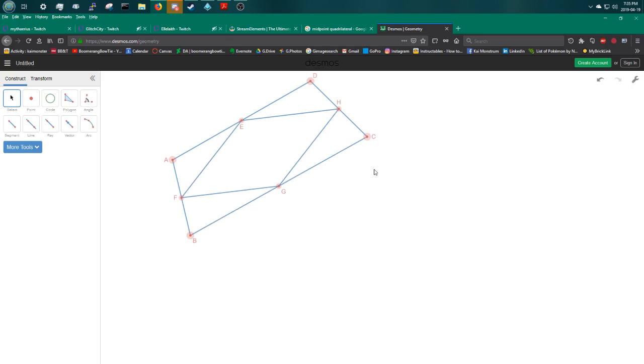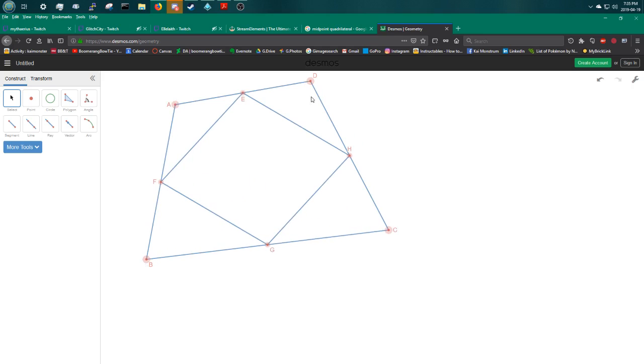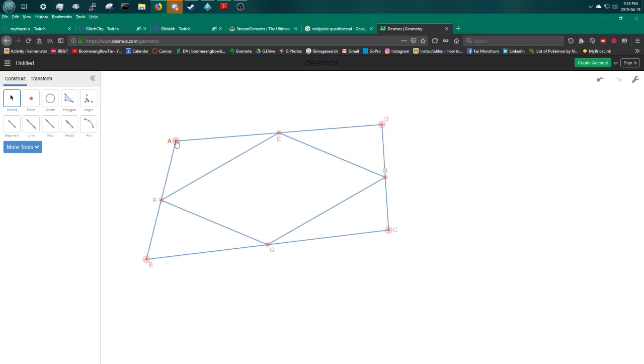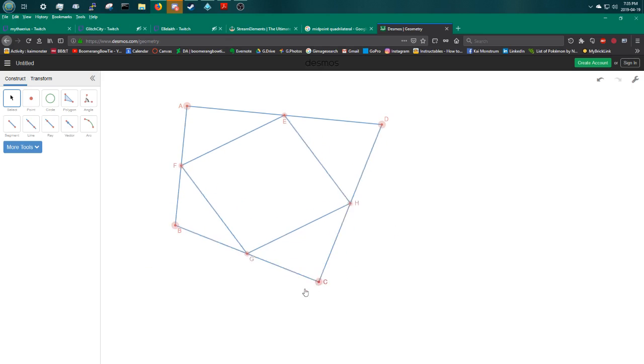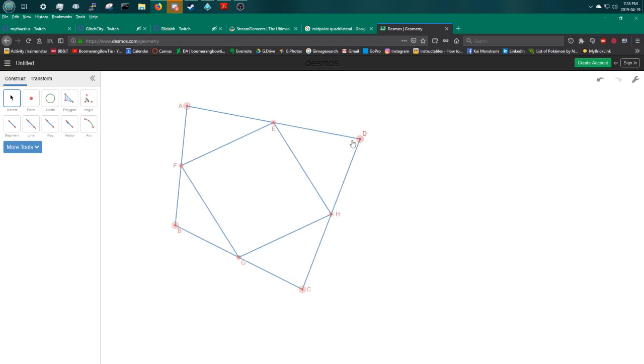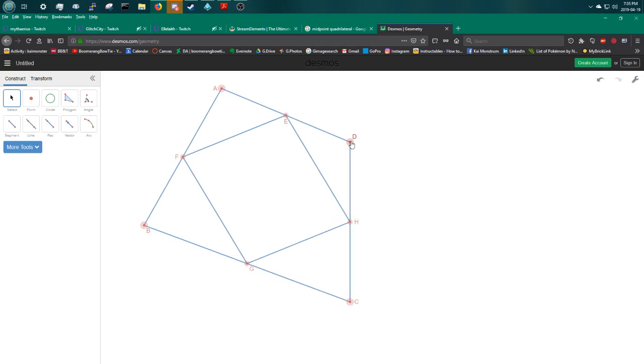Also, no matter what orientation I make my ABCD quadrilateral, my E, F, G, and H will always be midpoints, will always retain the shape of another quadrilateral, and will always be in the interior of my quadrilateral.